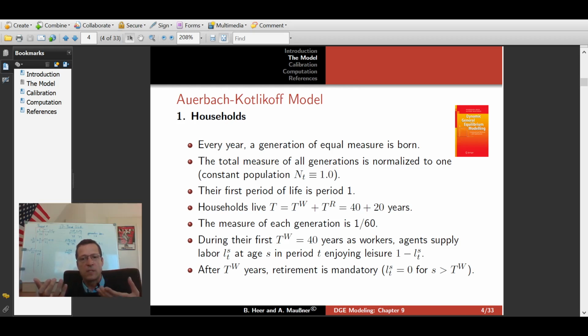And if we sum this up, we have our measure of total workers is 2/3, the measure of total retirees is 1/3, and the ratio of these two is just 1/2. So actually, our old-age dependency ratio is not so far from empirical values, which you got to know at the beginning of this lecture on pensions, a couple of videos before.